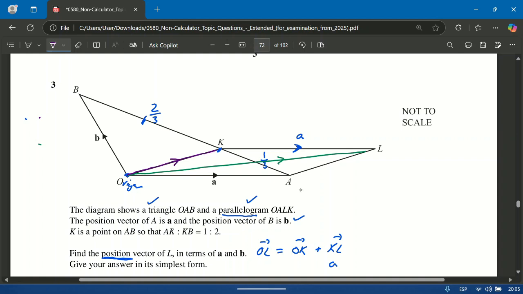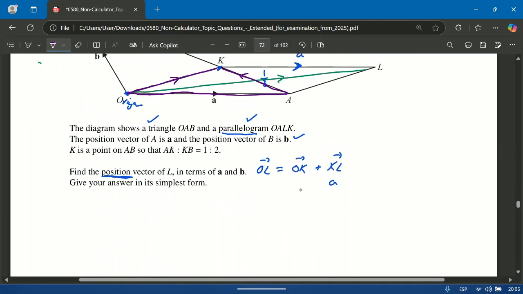Don't know what it is, so I'm going to have to find a different path. I'm going to take this path here because it's the shortest. So OK is the same as vector OA plus AK. Now again, we know OA is lowercase a, but we do not know what AK is.